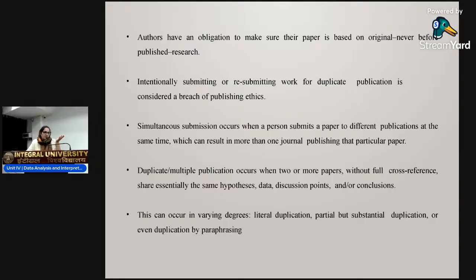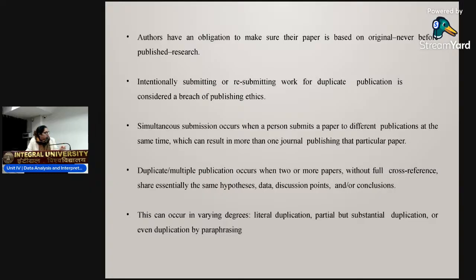But it's not a good practice. I have told you right in the beginning, simultaneous submission is not a good practice. It's an unethical practice. So we should refrain from simultaneous submissions. Okay, and we can refrain from them by going to journal finder, finding the journals which have a reasonably short turnover time, and we can proceed for publication there.